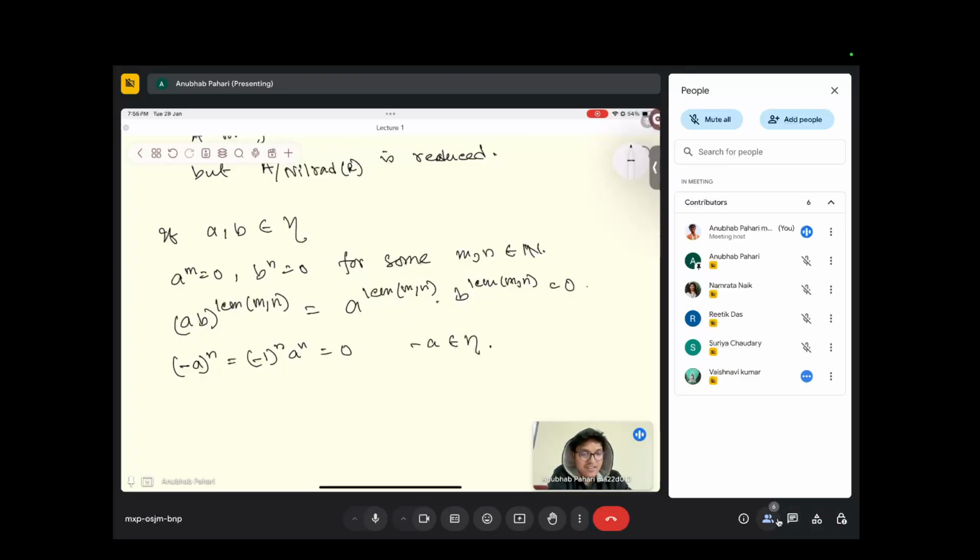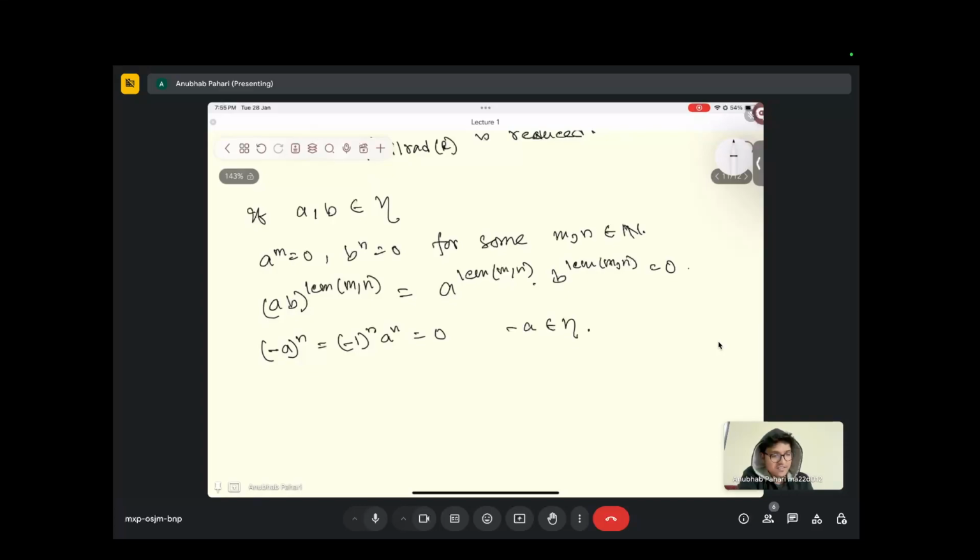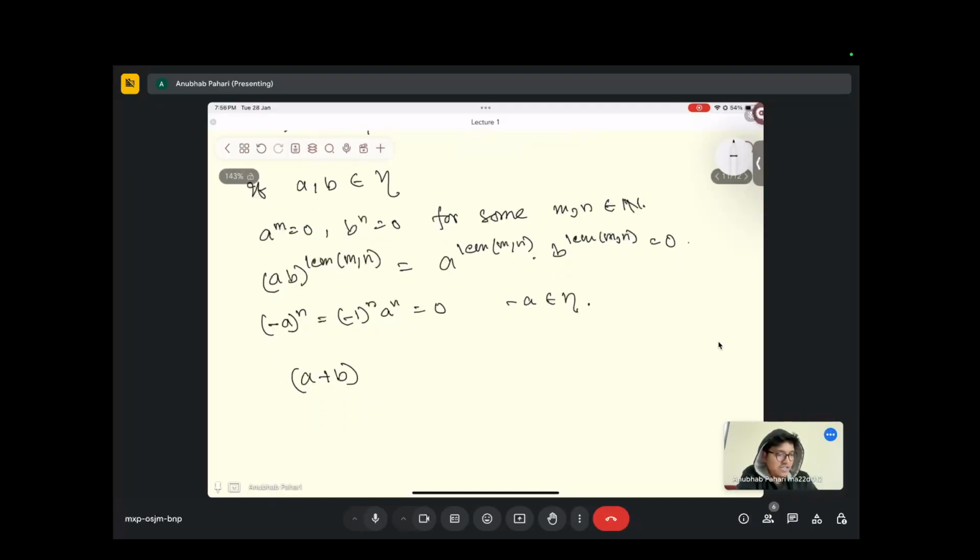In fact, the only non-trivial thing in this proof is to show this. You can take the sum of m and n. Because it is a commutative ring, we can do binomial expansion. You have to be a little careful about choosing k. K should be bigger than or equal to m plus n minus 1. So better choose k equals m plus n minus 1.